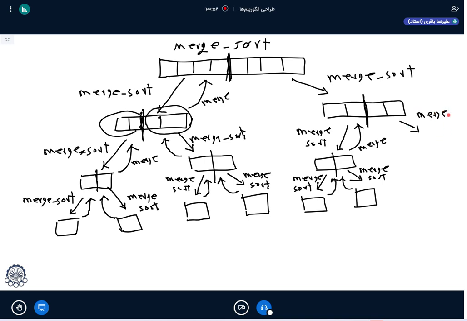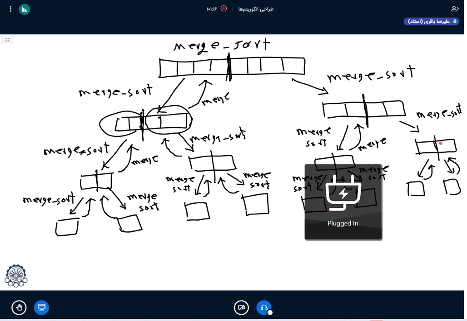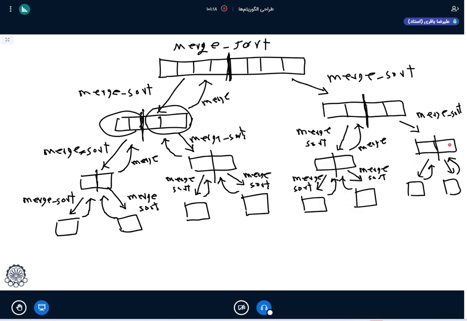So again, merge sort is called for the second part, and it has two elements, and then it is divided into two, one element, and call merge sort and return back, then call the merge sort for the second part and return back. And when both function calls are finished, then merge them, and after merging, return back to its parent.